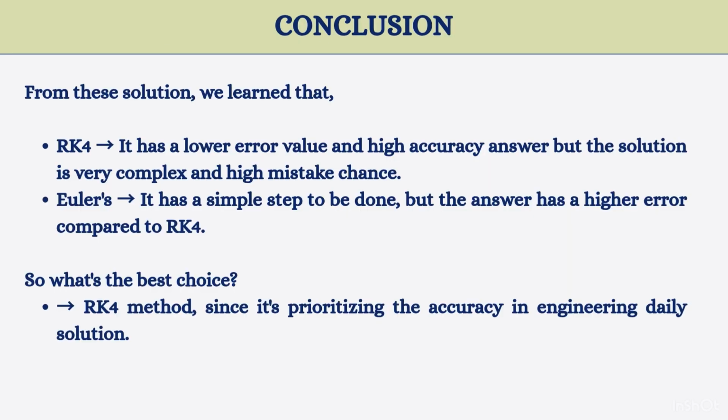So in conclusion, from the solution that we obtained for this question, RK4 has a very low error value and a high accuracy answer, but the solution is far more complex and has higher chances of making mistakes than Euler's method. Euler's method has simple steps to be done, but the answer has a very high error percentage compared to RK4.